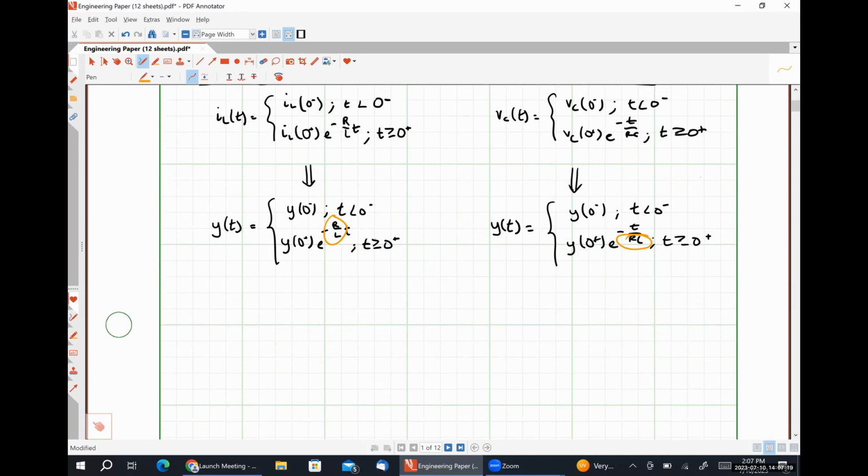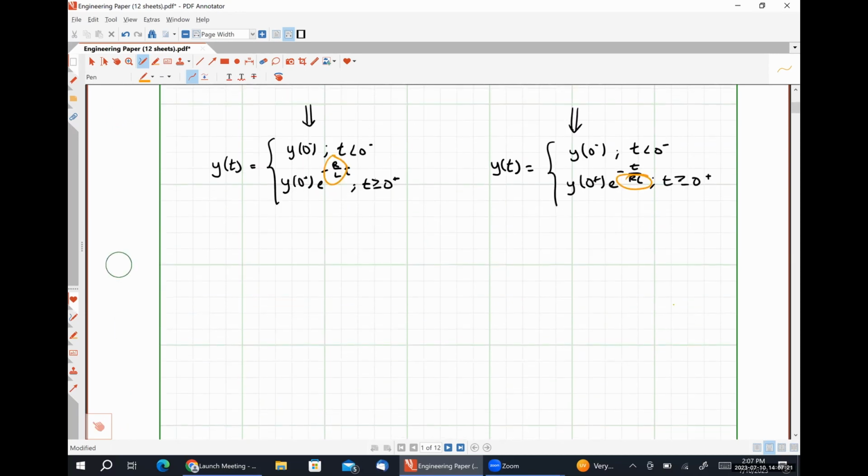Let me talk very briefly here about the concept of time constants. The time constants are what quantify the rate of decay of one of these systems.